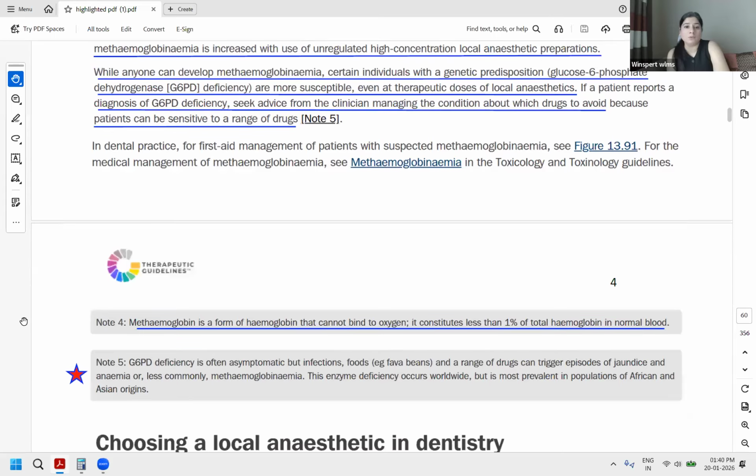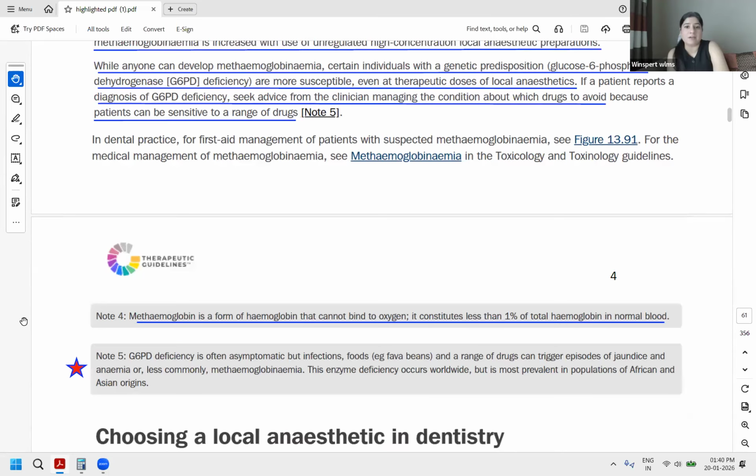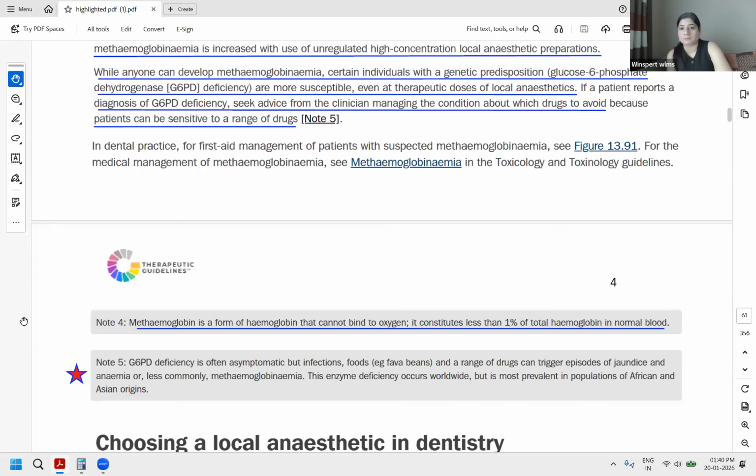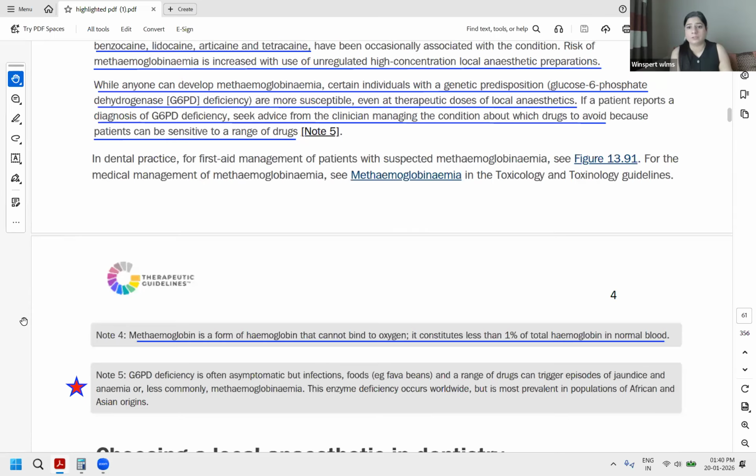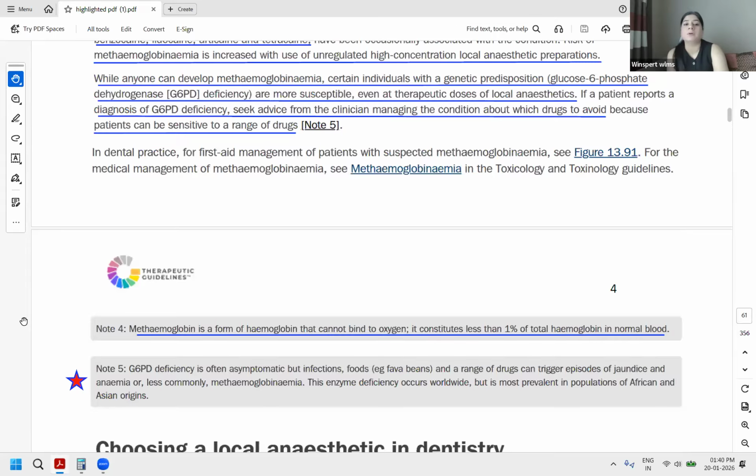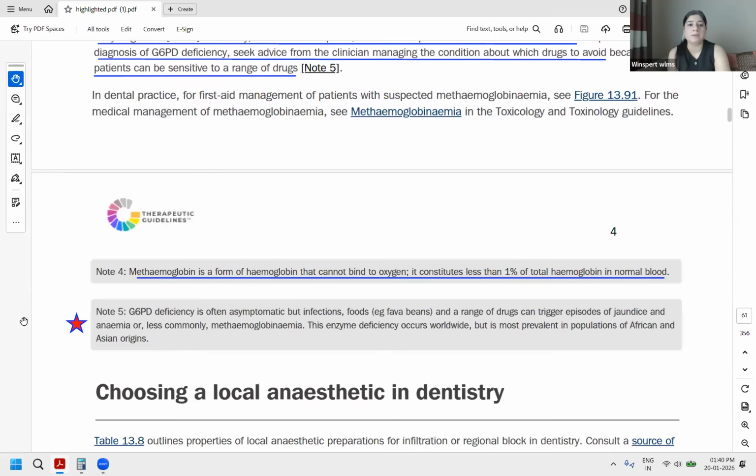That is why for anyone who reports a G6PD deficiency, you should not administer LA right away, and first talk to their medical practitioner, whoever is managing that condition, about what drugs are to be avoided, what the patient can take safely, and how much dose. Only then you administer them.